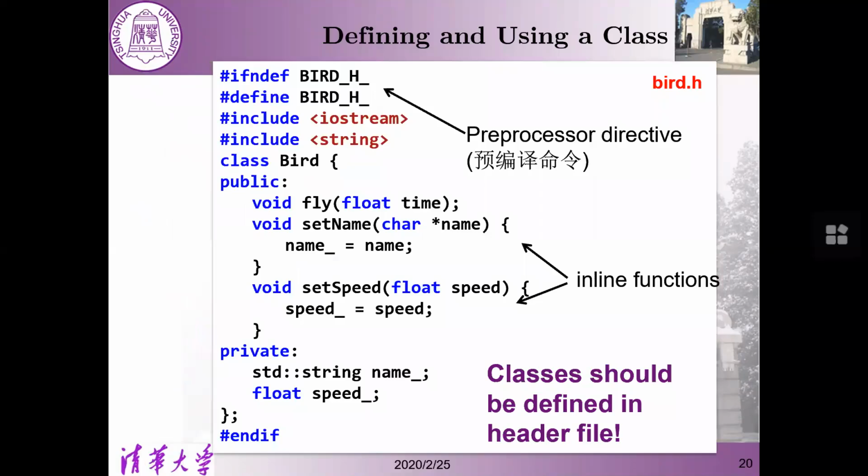Okay, now we have some questions, some examples. So here we are defining a header file, a bird, and this is the preprocessor directive we have learned before. And then this is class bird. We have public interfaces or public member functions.